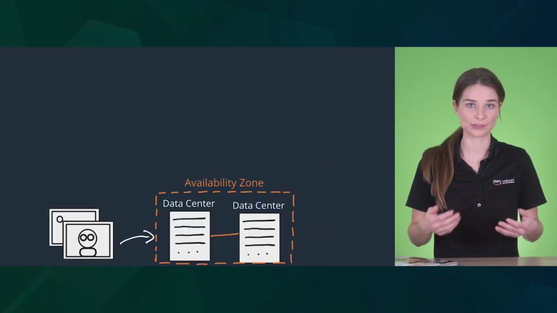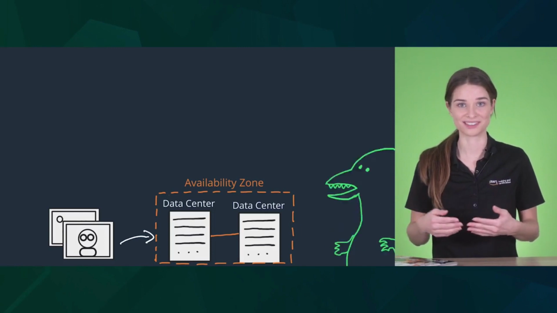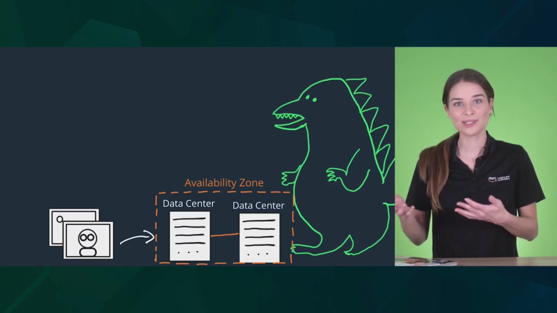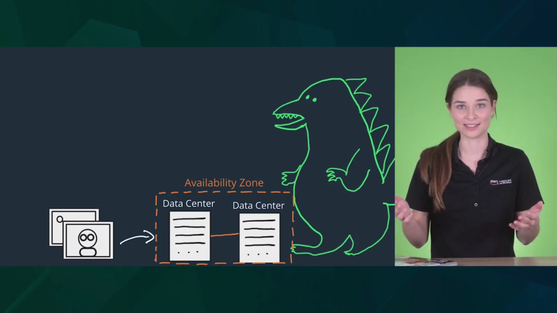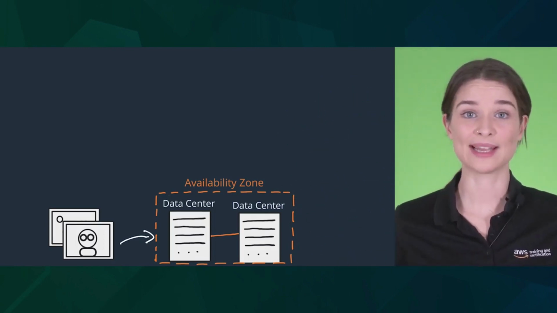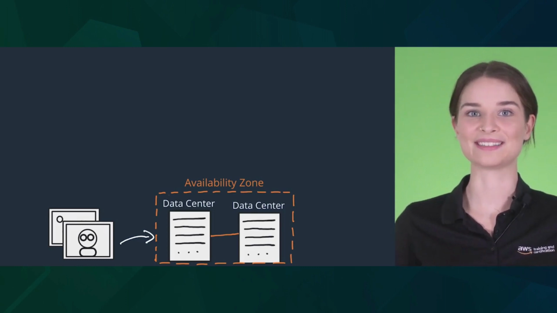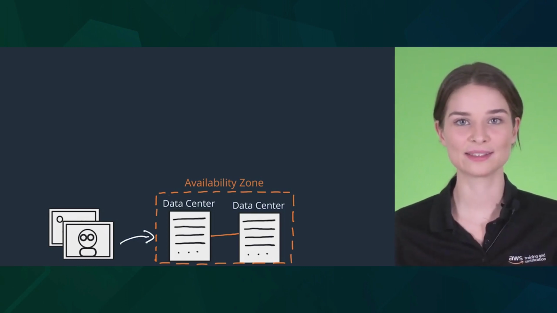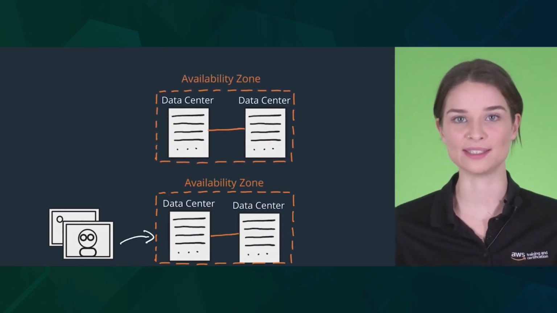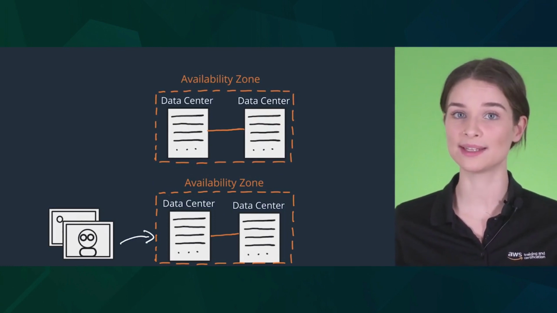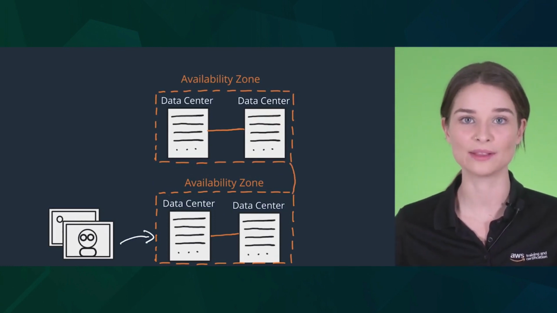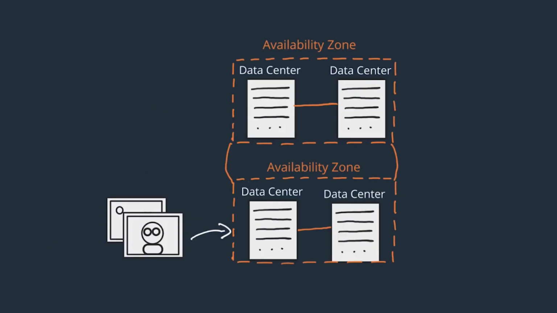Unfortunately, sometimes natural disasters like hurricanes or giant lizards might also extend to impacting an entire AZ. But AWS has planned for that too, with redundancy. Like data centers, AWS also clusters AZs together and also connects them with redundant high-speed and low-latency links. A cluster of AZs is simply called a region.